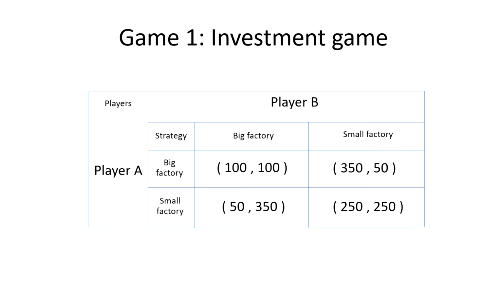So we will discuss later how to gain the highest payoffs. But now you can see that the equilibrium of the game doesn't allow both players to have the highest payoff, which is 250 and 250, but they gain only 100 and 100. Very surprising, very strange, but it is real.